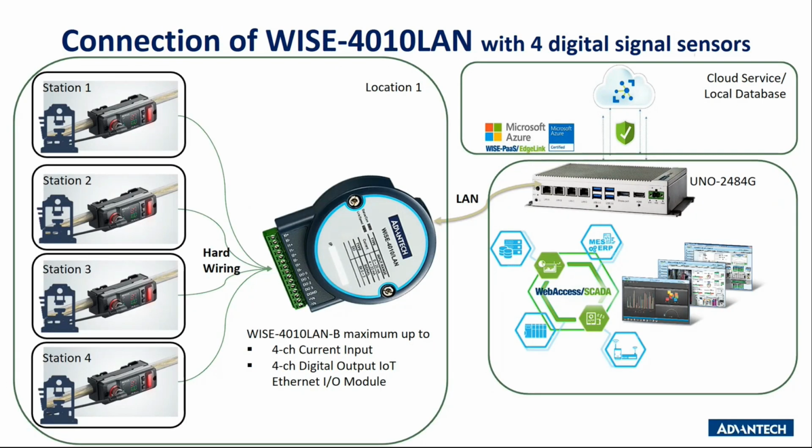Okay. From here, you can see that for this case, because these 4 stations are located nearby each other, each individual station will be installed with this third-party sensor, and the sensor will monitor the floating of this water.